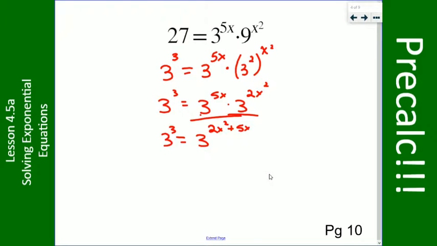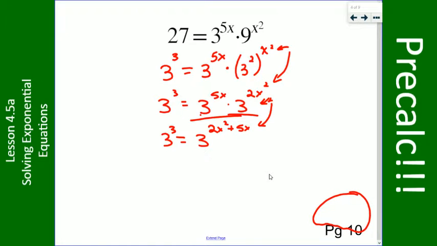Now I want to pause here. If going from this step to this step was confusing, or if going from this step where you have these two multiplication problems to this step is confusing, please take a look back at page 10.